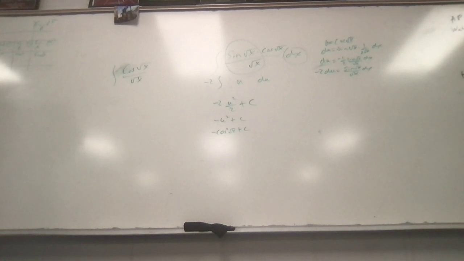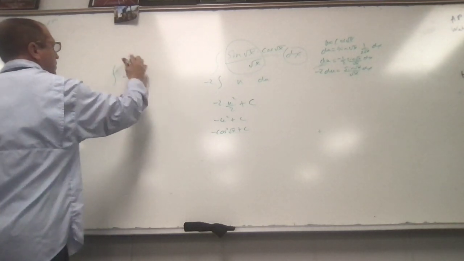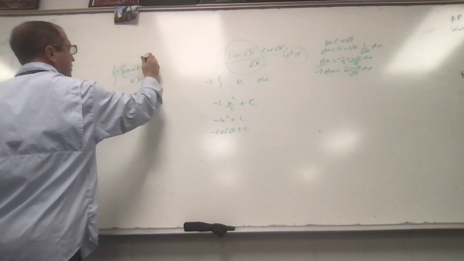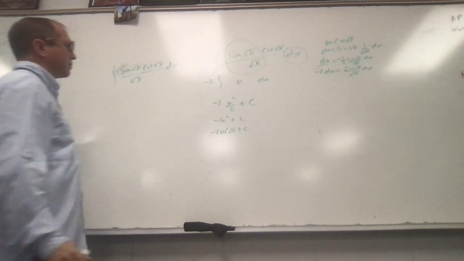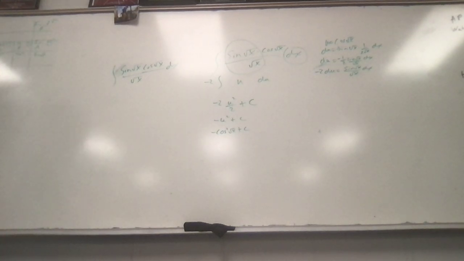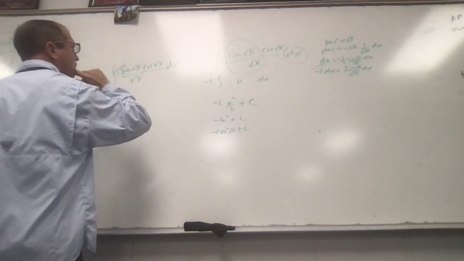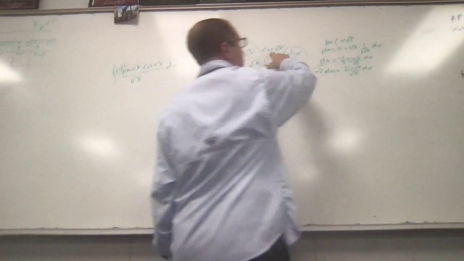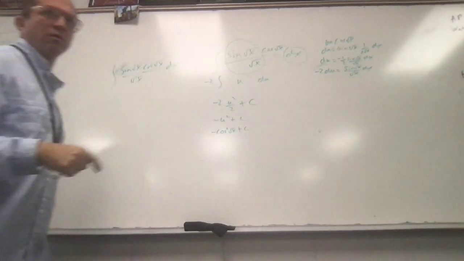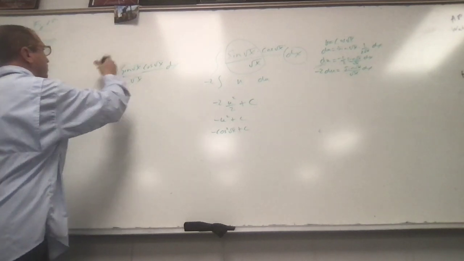But I want to show you the neat thing about this problem. Let's say I gave you that problem and you were wondering which one should I let u equal. While we just worked this problem by letting u equal the cosine of the square root of x, let's say now instead I let u equal the sine of the square root of x.